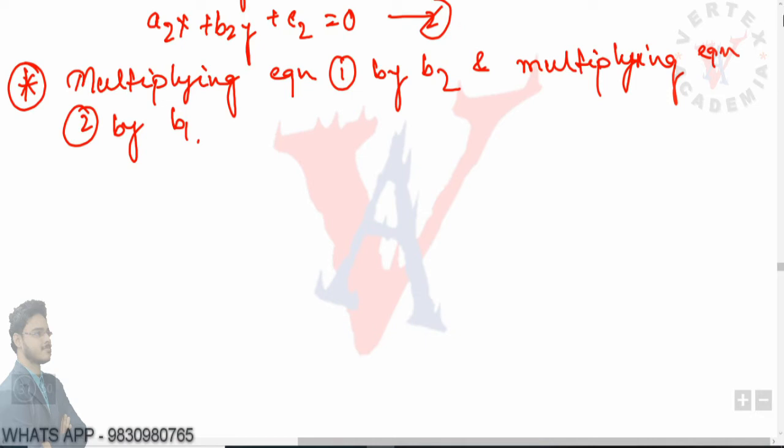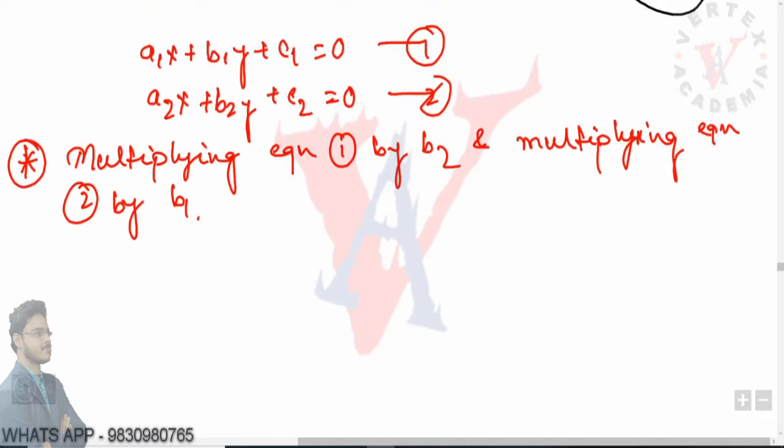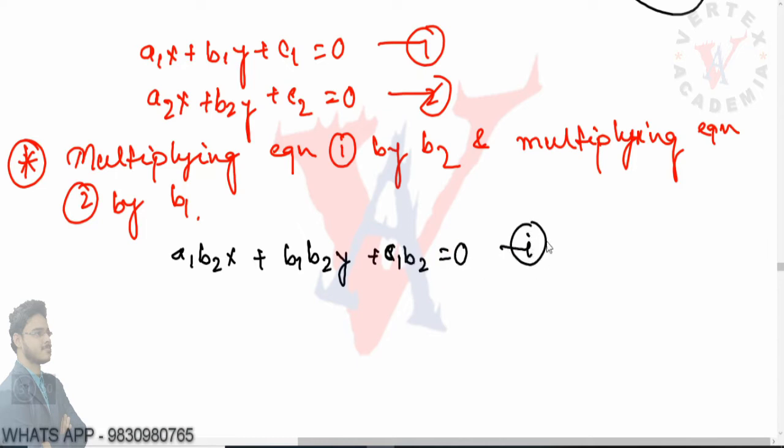Let me show you. Here we are multiplying equation 1 by b2, so a1 b2 x plus b1 b2 y plus c1 b2 equals 0. This becomes the new equation 1. Multiplying equation 2 by b1, we get a2 b1 x plus b1 b2 y plus c2 b1 equals 0.